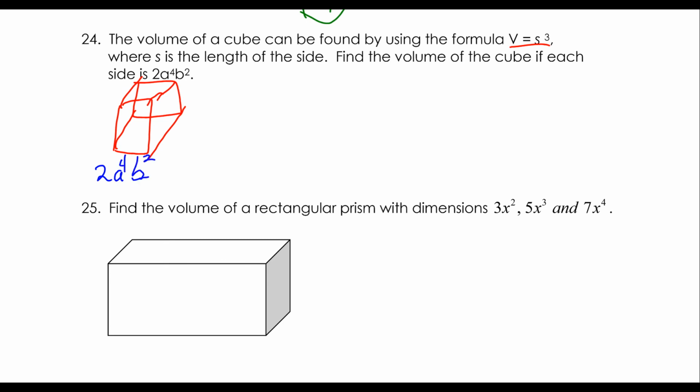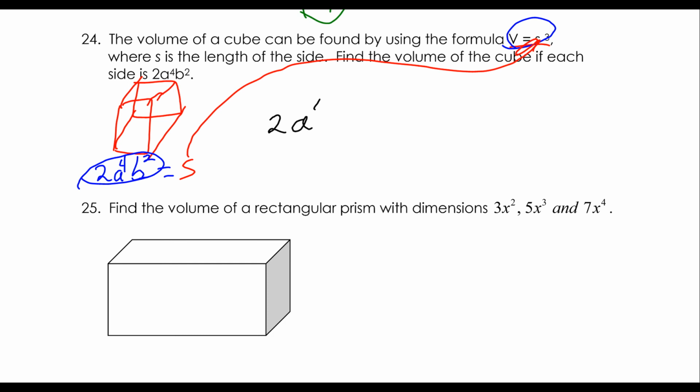Now, if you remember, the volume of this is going to be s cubed. This right here equals s. So we can take this, plug it into this, and be set. So we do 2a to the 4th b squared, raised to the 3rd. And if you remember correctly, at this point we can send the 3 to that, and send it here.